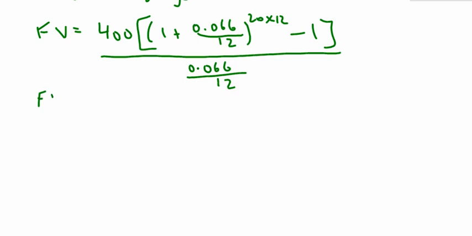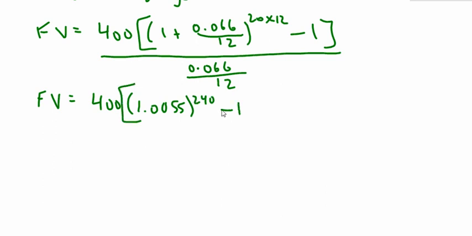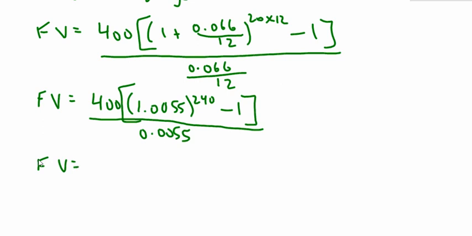The future value is $400 times, and I know this is still 1.0055. This time my exponent is 240. Let me put this nice bracket in before I lose track. And we're going to divide by 0.0055. So let's do the math.